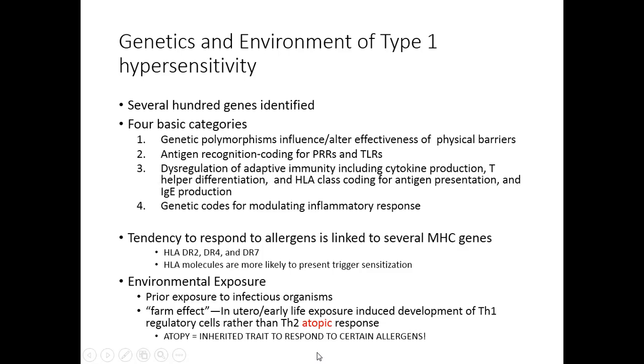In addition to some of the things we talked about, one of the environmental exposures that can influence this process is prior exposure to infectious organisms.